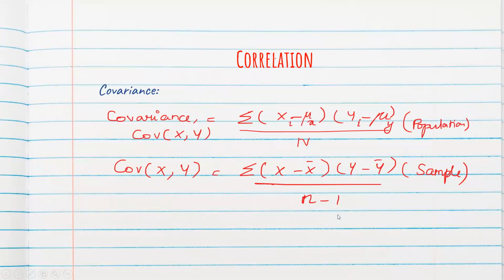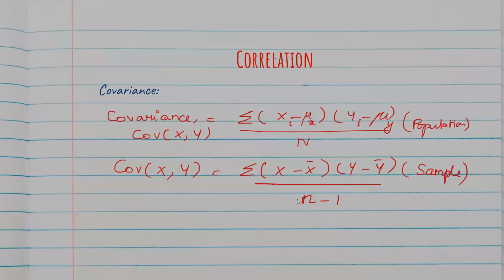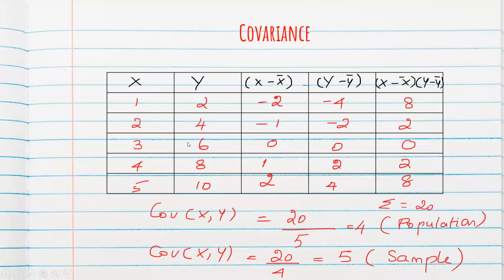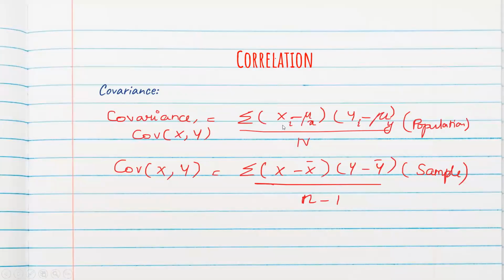And n is the number of observations in the sample. So let us now try to solve a problem so that you can understand it better. The x values are 1, 2, 3, 4, 5 and y values are 2, 4, 6, 8, 10. So what is the formula? We have seen x minus x bar, y minus y bar. So let me go ahead with this one.